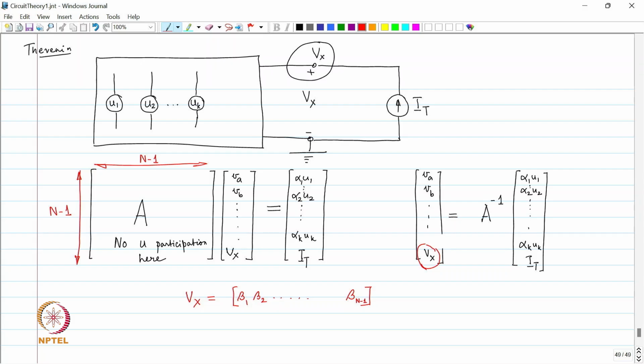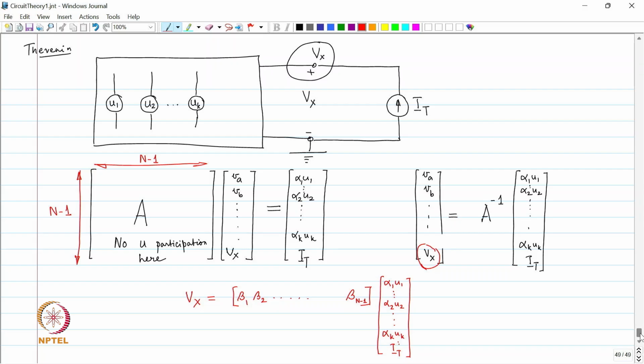That is the last row of A inverse times alpha 1 u 1, dot dot dot, alpha 2 u 2, dot dot dot, alpha k u k and then I t. Is this okay? So far so good. We are just writing it out, putting our thoughts on paper.